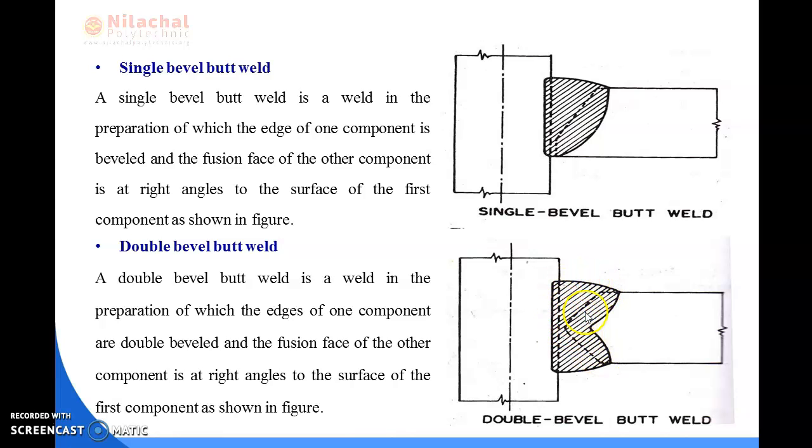So this portion of the plate is cut as beveled and this portion of the plate is also cut as beveled, and the other plate is at right angles to the face of the first plate. After that the welding is provided. So this kind of fusion of two plates by welding is known as your double beveled butt weld.